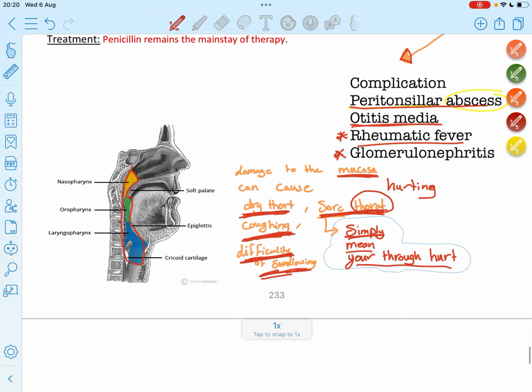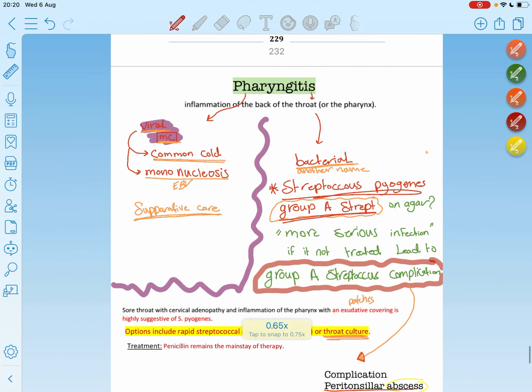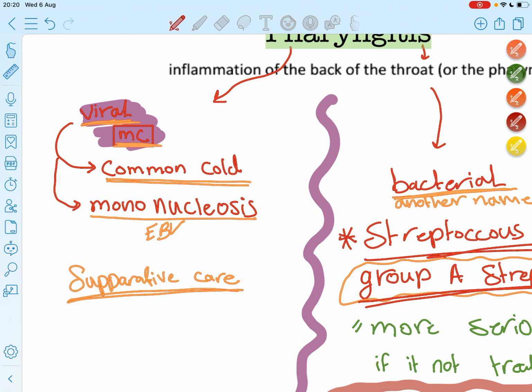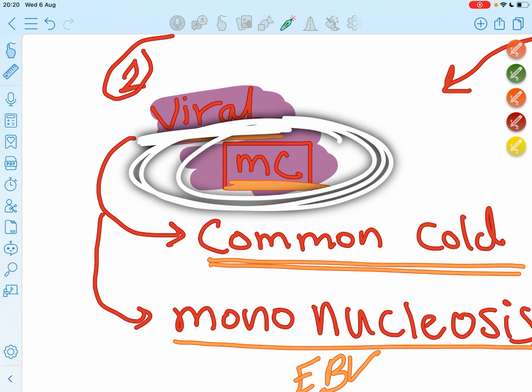So what are the 2 pathogens that cause pharyngitis? Let's go and find out. The first one is the viral cause, and we should know that viral is the most common.